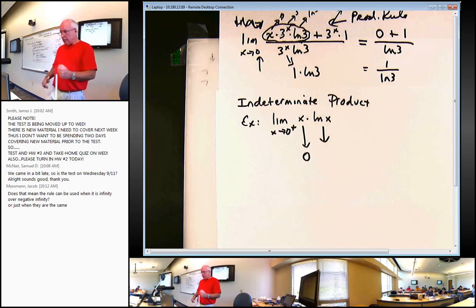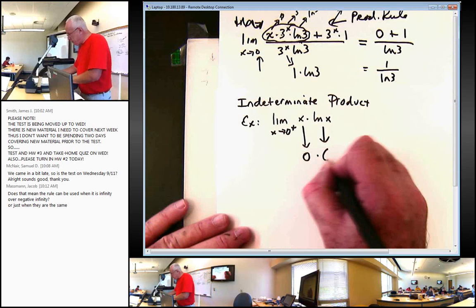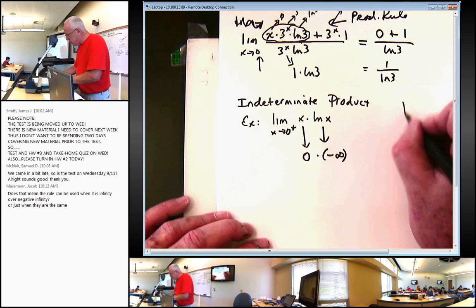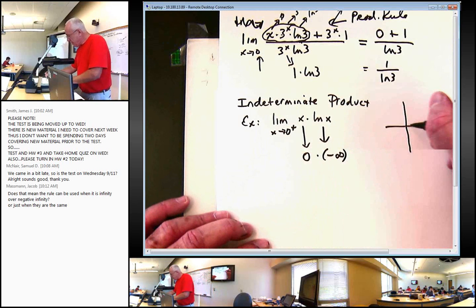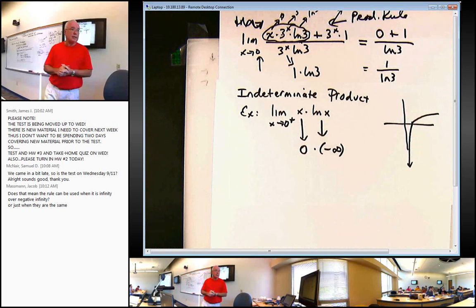Negative infinity, yes. Times negative infinity. Remember that log function, let me draw a quick graph here. It goes like that, and then it goes down, down, down. It goes to negative infinity as we approach 0 from that positive direction.